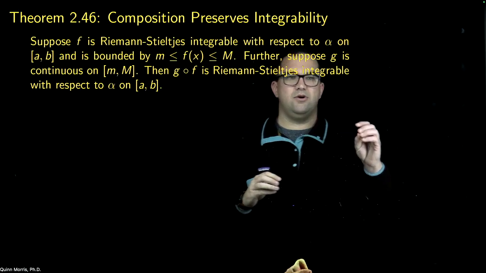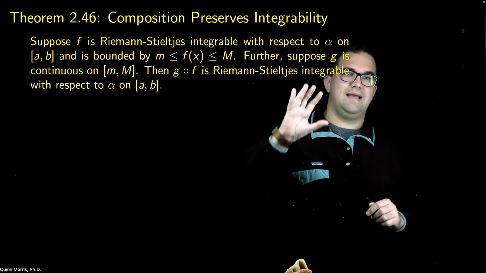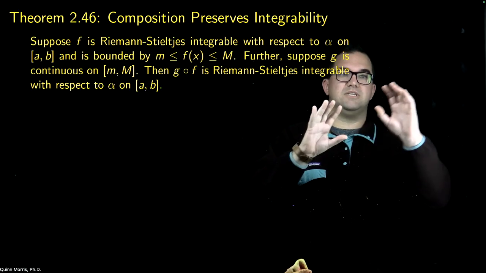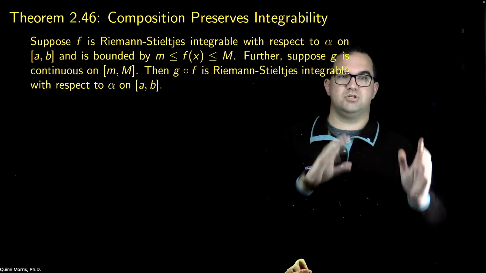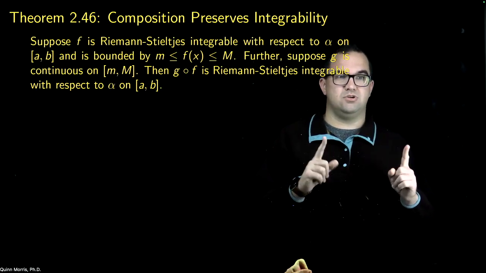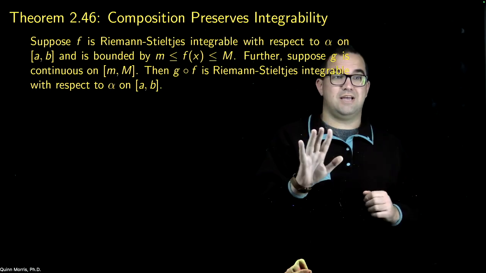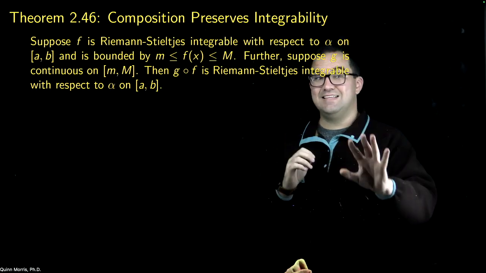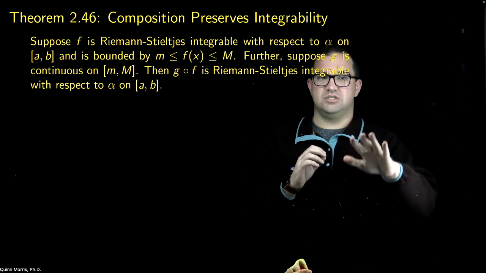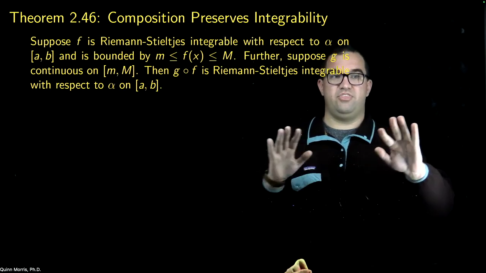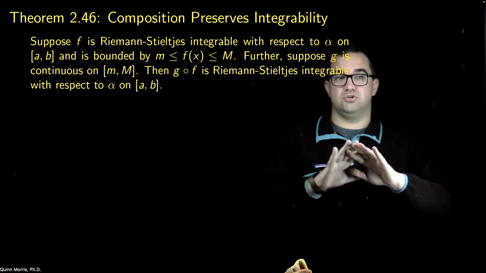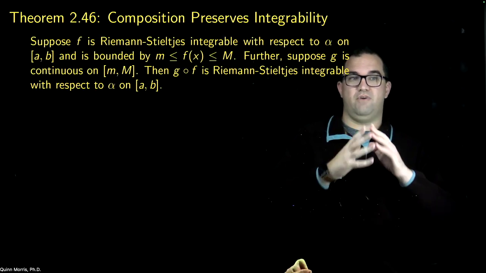So the idea here is if you take a continuous function and compose it with a Riemann-Stieltjes integrable function, then you will get back a Riemann-Stieltjes integrable function. So the outside function needs to be continuous, the inside function just needs to be Riemann-Stieltjes integrable. Then that composition will result in a Riemann-Stieltjes integrable function.